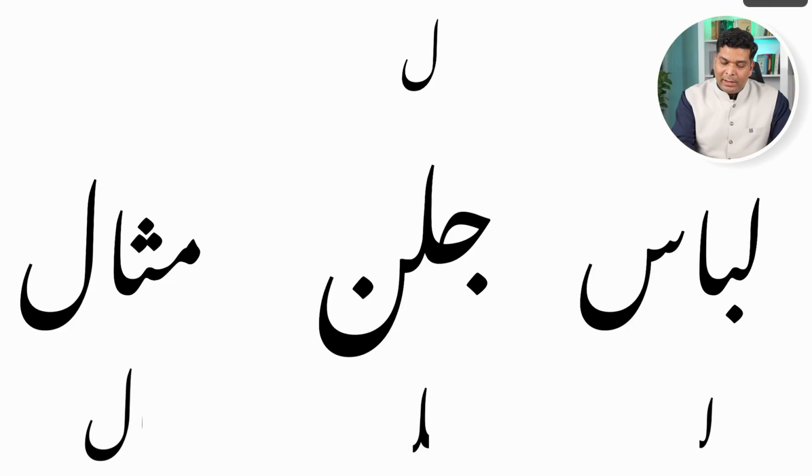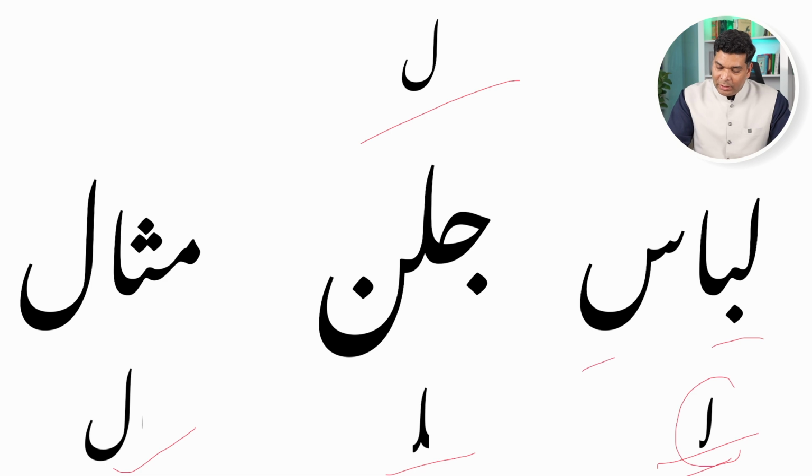Then we have lam. And lam, there is a possibility of getting confused with alif. Because when it truncates, lam also truncates. So it truncates in here, and it truncates in the middle, and it keeps the shape in the end. So there is a possibility that you may consider it to be alif, but it has to be seen in the context. Alif will never connect with the subsequent letter.